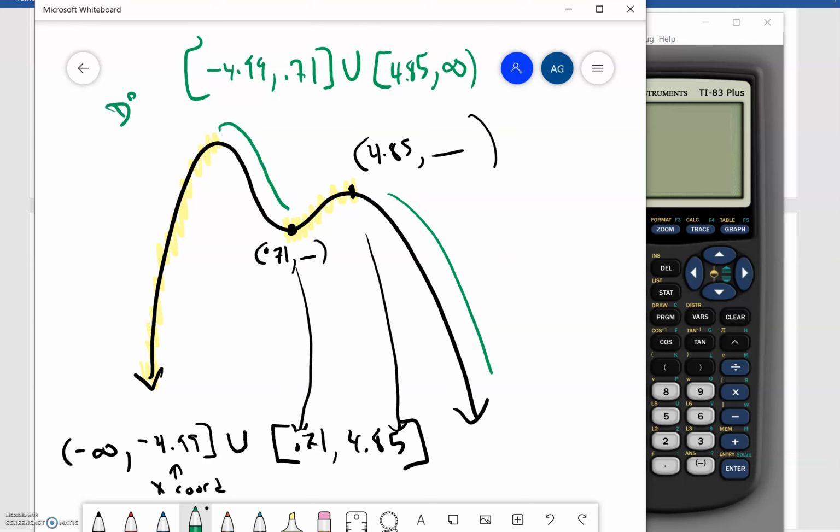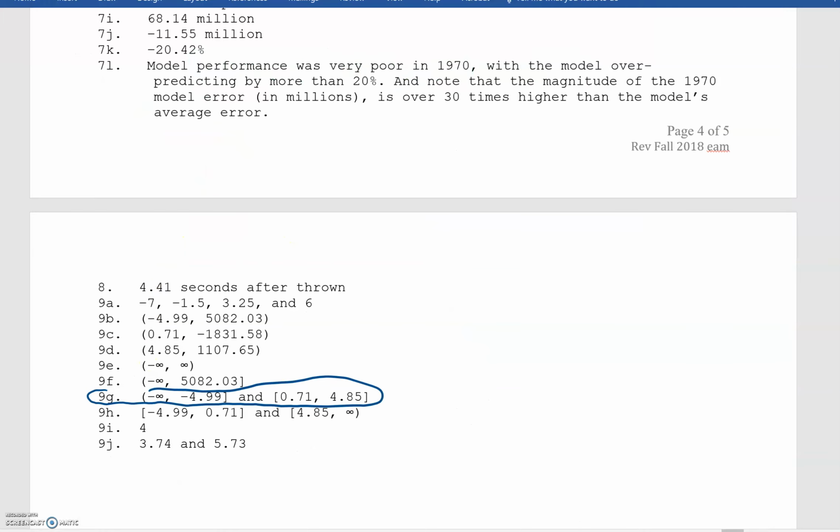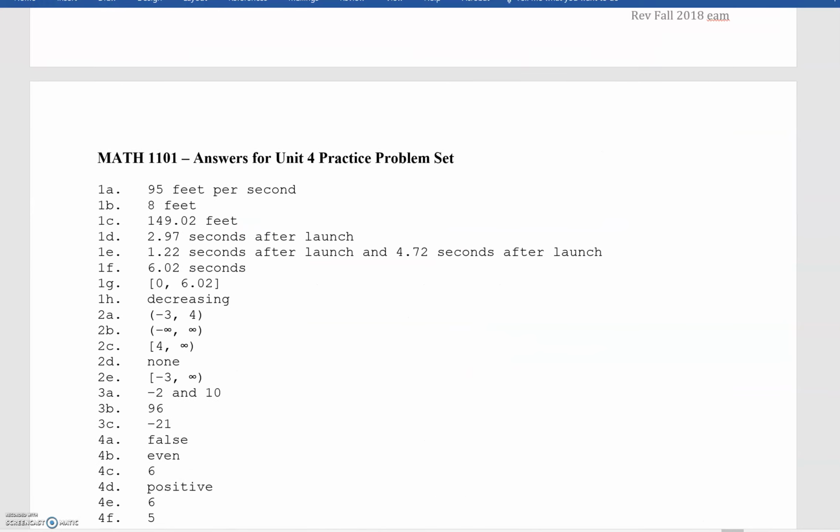That's where it's decreasing. And as you can see, where we're increasing and decreasing is very much connected to the turning points of the function. So you need to know those turning points to actually state these.